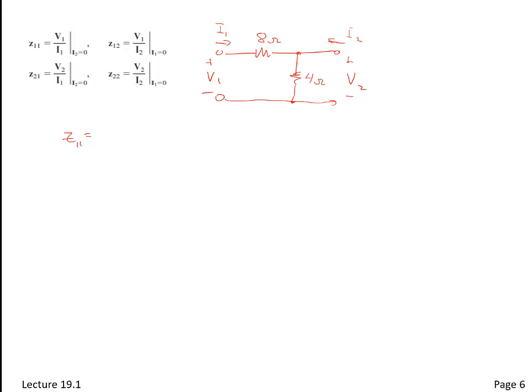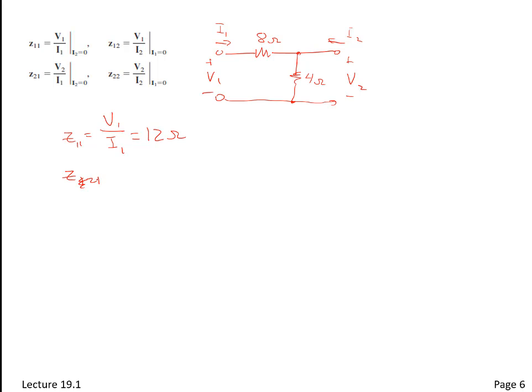I2 is 0, so that means nothing's connected over here. But we know if there's no current here, the total resistance is 12 ohms. So that's the driving point impedance.